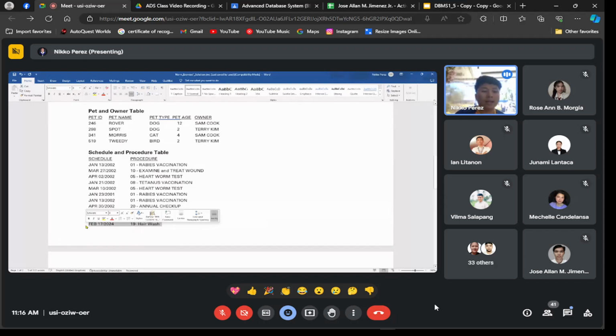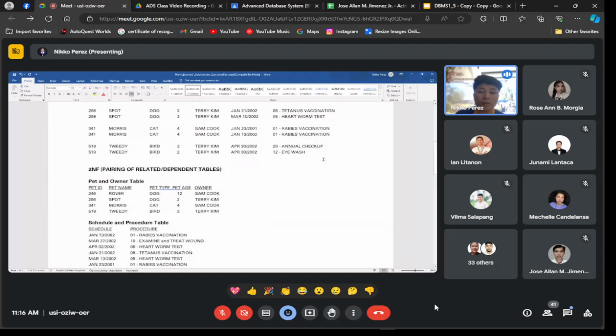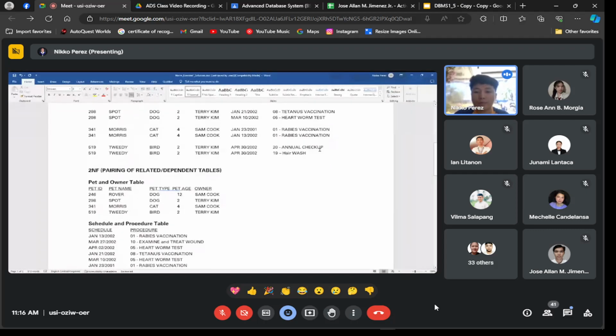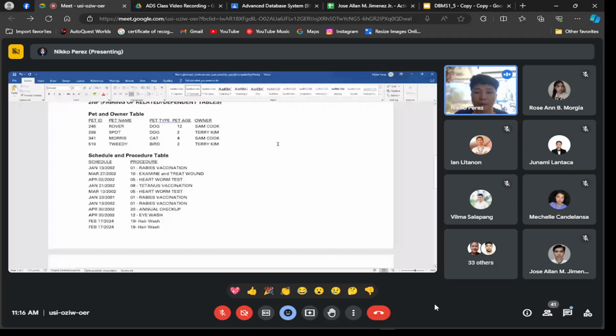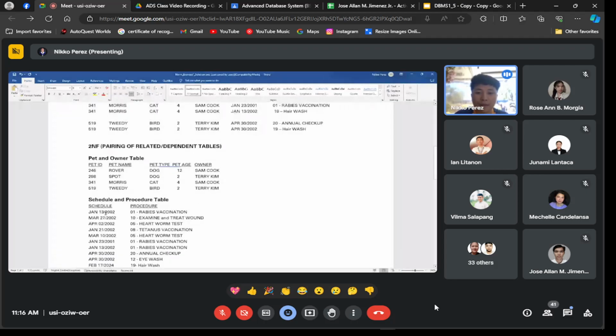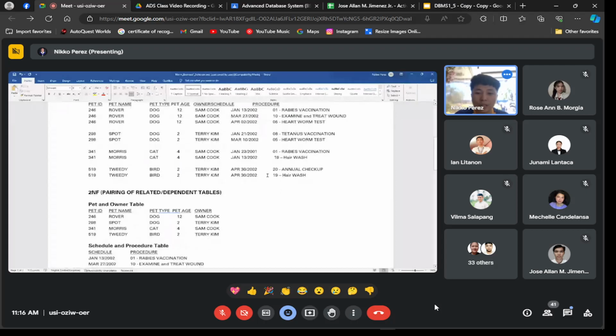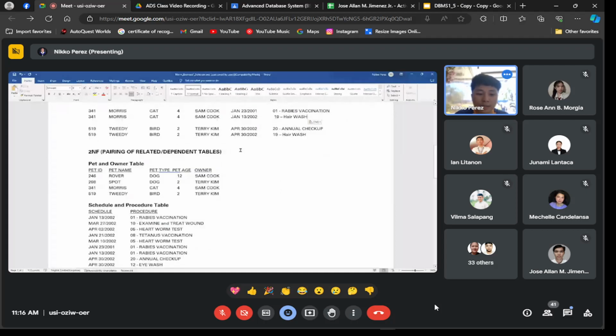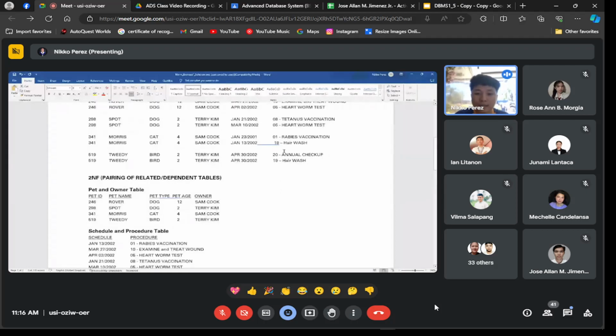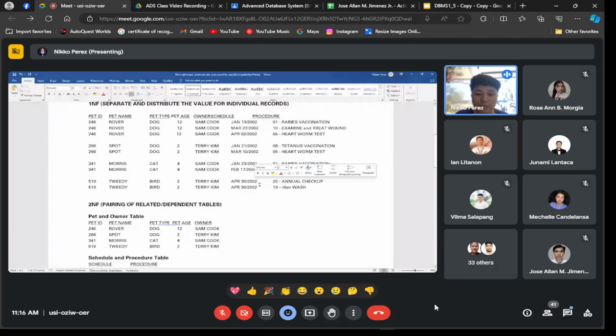So if one is deleted, even though it shows in this record, let's say it availed of hair wash, then this one is also hair wash, right? So the report on the schedule or procedure should show it. It goes like that.